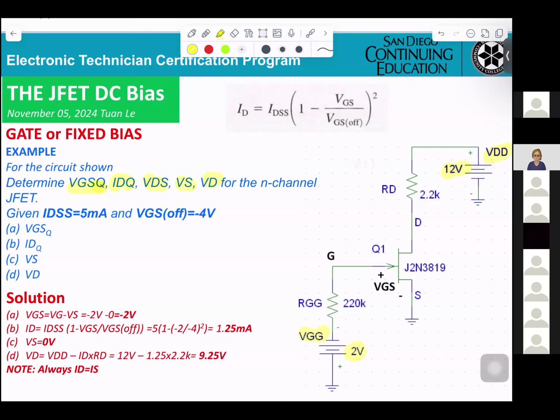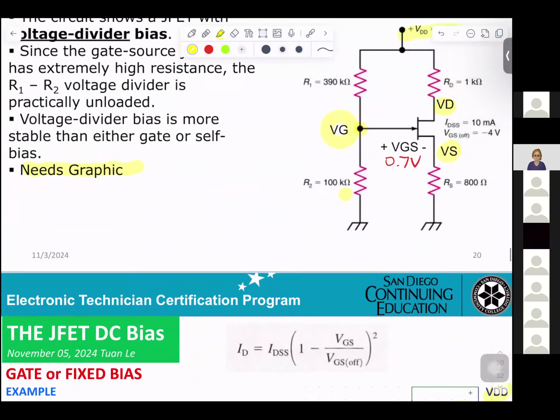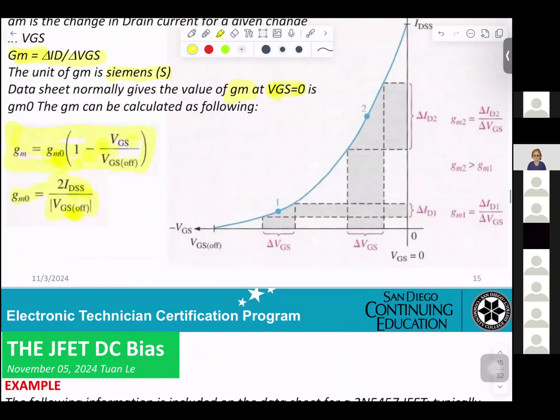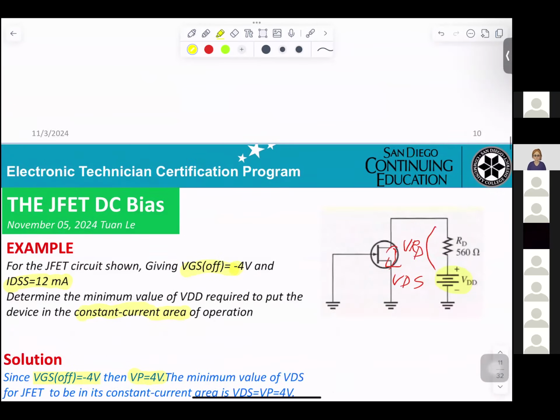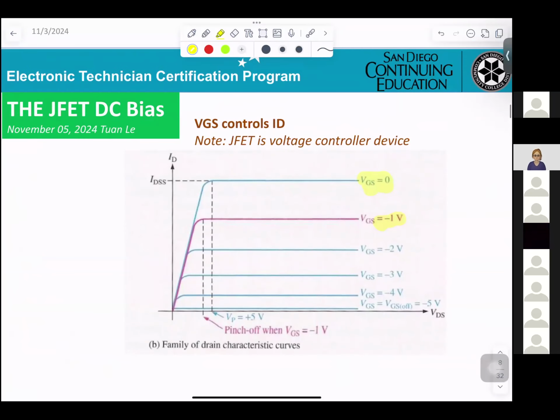Now, again, I explain to you, they can say VGS. However, they want VGSQ. Here, you see VGS. However, at a certain point, any point in here, that's what they call a Q point. Okay?